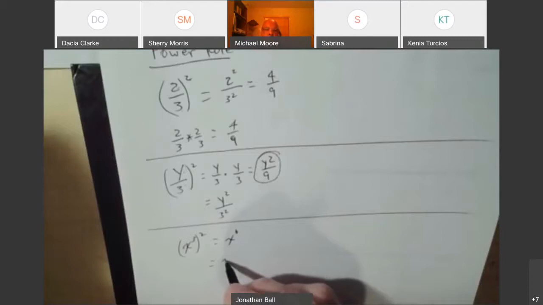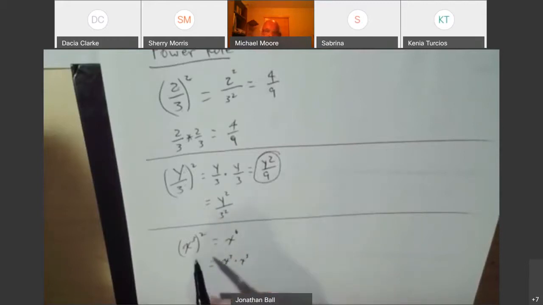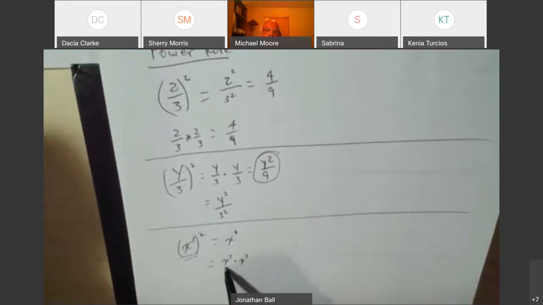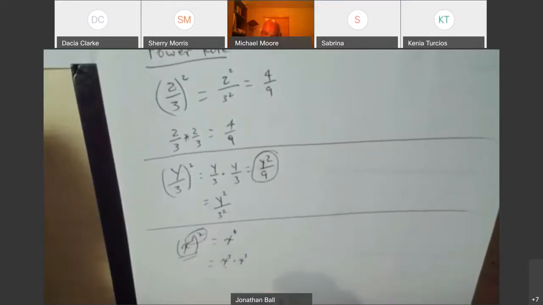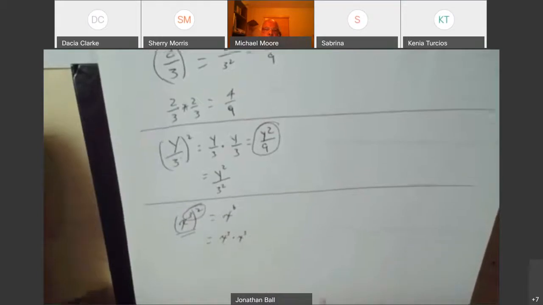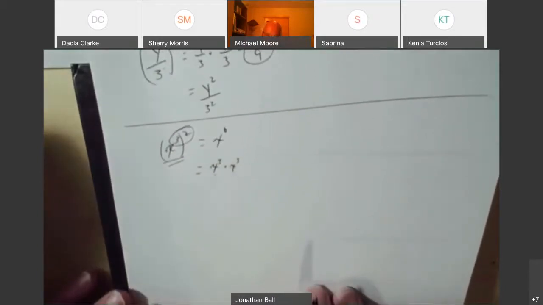This is x cubed times x cubed. The base number is this. We're multiplying it times itself. Same base number, so we add the exponents here. But again, what you want to think about is when you have a power raised to a power, you multiply the exponents.